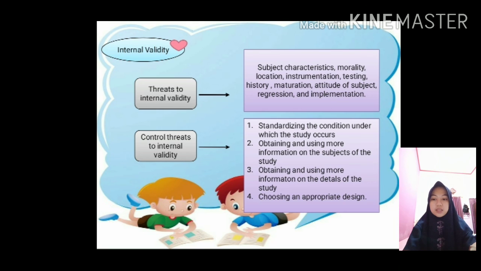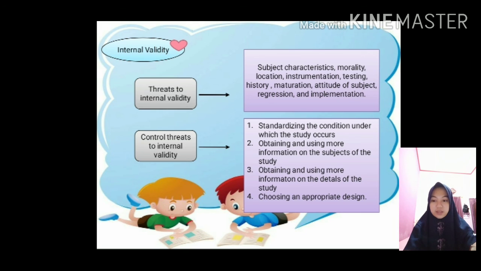And then the second is obtain more information on the subjects of the study, that is, on relevant characteristics of the subjects, and use that information in analyzing and interpreting results. This helps control for a subject characteristic trait and a mortality trait as well as maturation and regression traits.